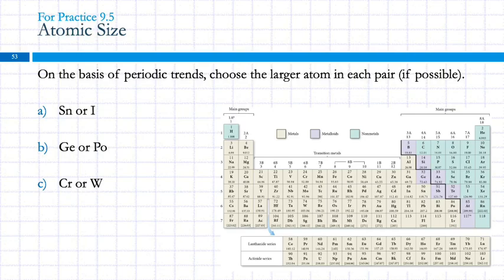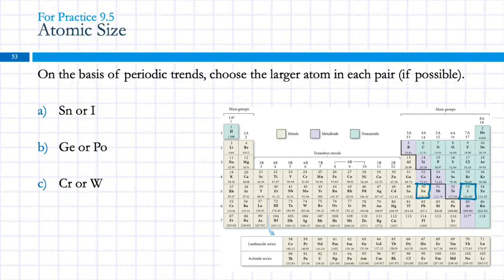So the first one's asking about tin or iodine. So we got to find these on the periodic table. Here's tin, and here's iodine. And we look at, well, how are they positioned relative to each other? They're in the same period. So then we have to think, well, what's the trend? As I'm going across this period, are they getting bigger or smaller?